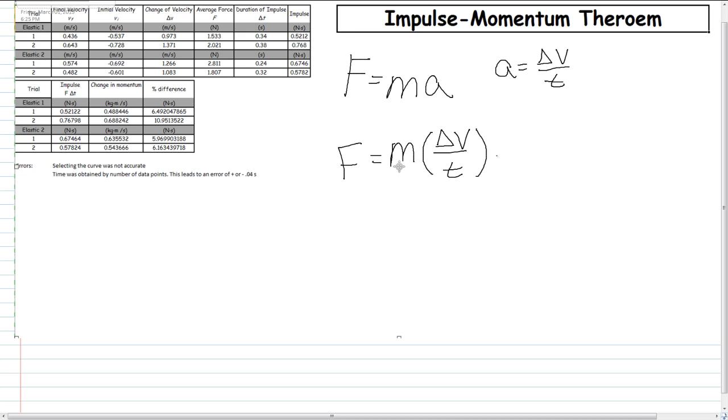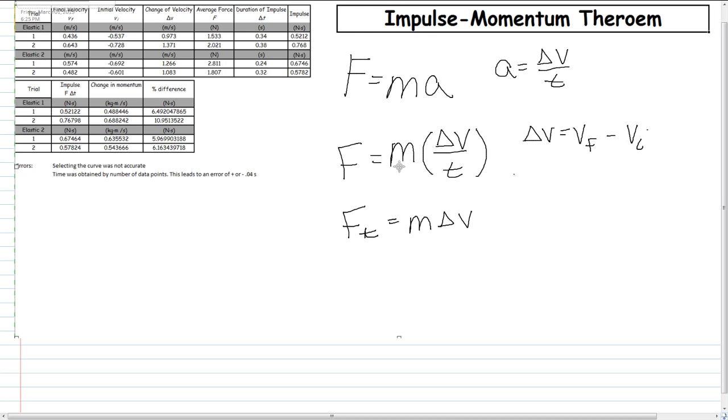And using this, I can rearrange it a little bit to where I get force times time equals mass times delta V. And if we remember, delta V equals final velocity minus my initial velocity.